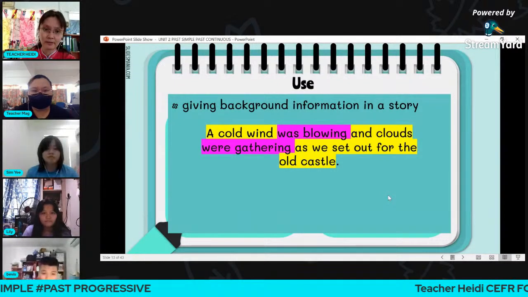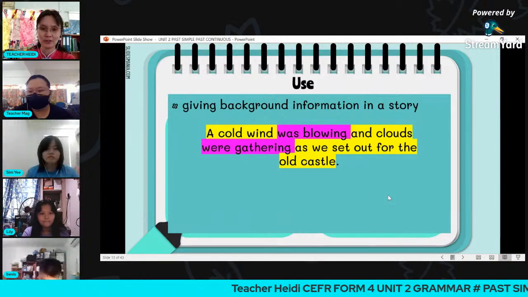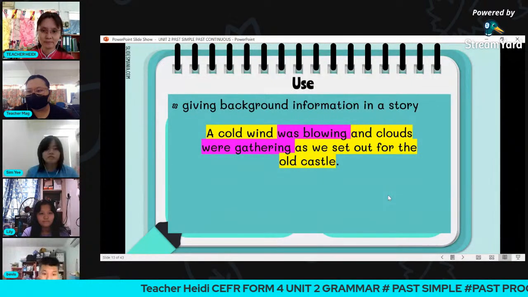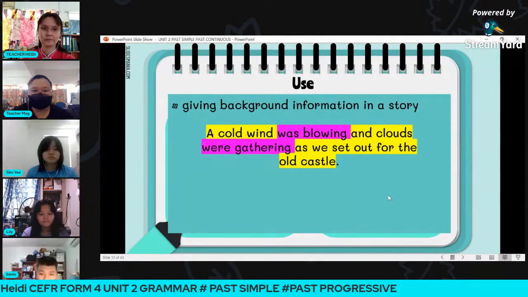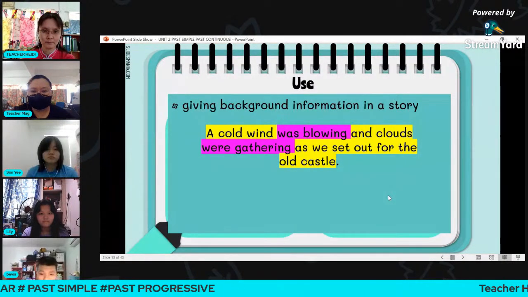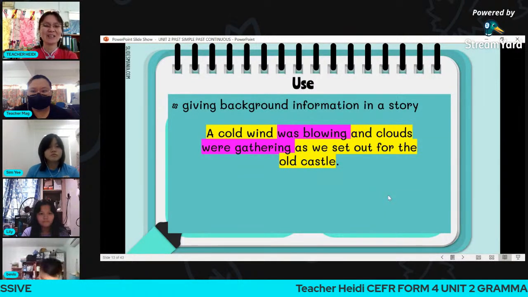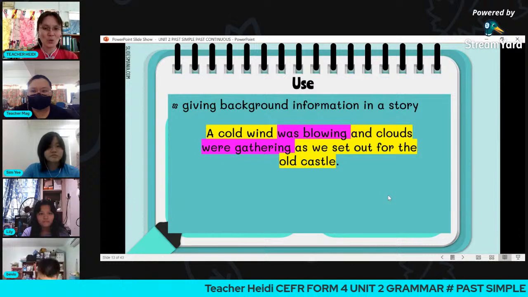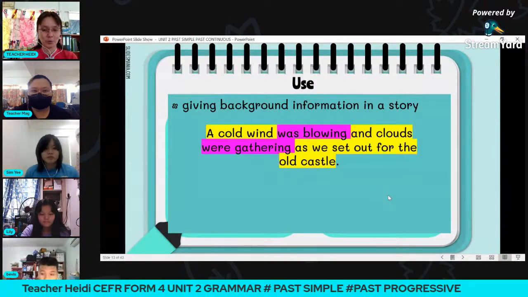All right, giving background information in a story. Okay, Bevis, continue with this one. Giving background information in a story. The wind was blowing and clouds were gathering as we set out for the castle. Okay, I read again: a cold wind was blowing and clouds were gathering as we set out for the old castle.